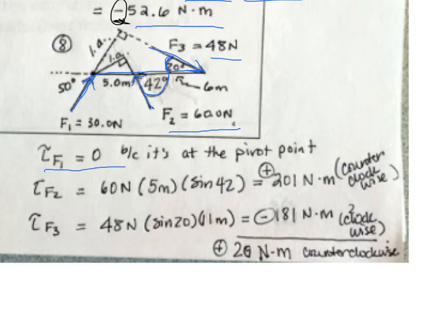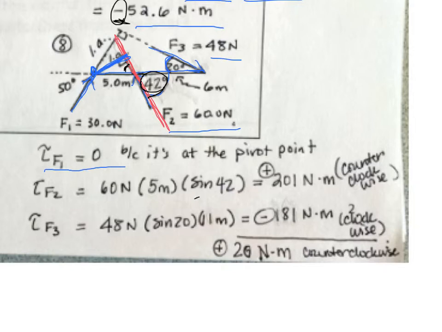Force 2, what I'm going to do is take the force vector and extend the line of action here. That's not the LA. LA is the lever arm. I'm going to go from the pivot point to the force vector at a 90-degree angle. That's my lever arm. And so if this is 42, then this is 42.